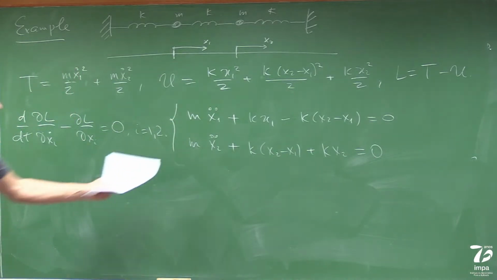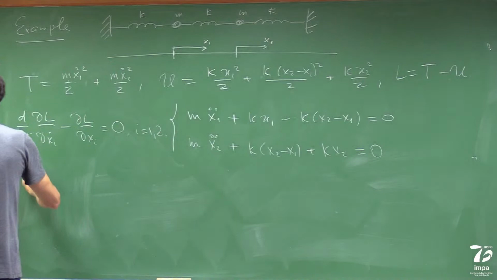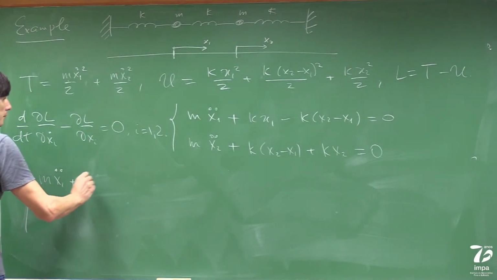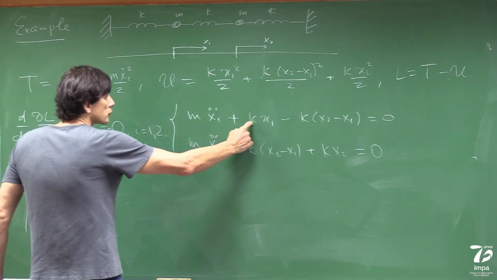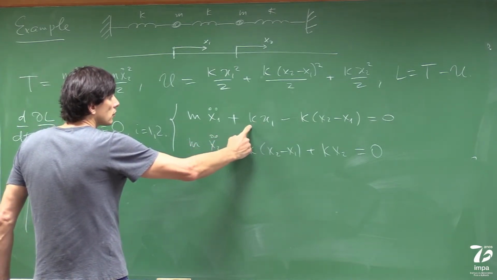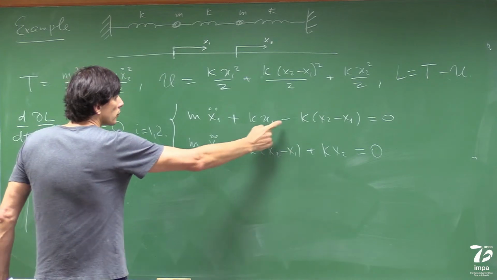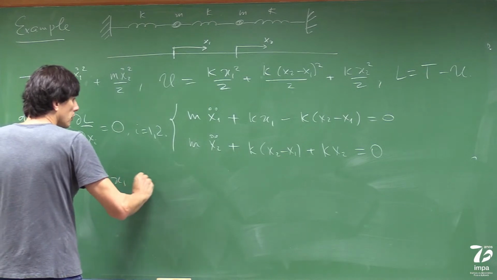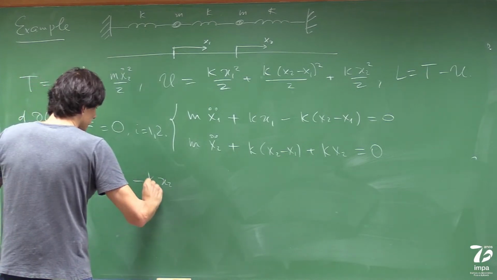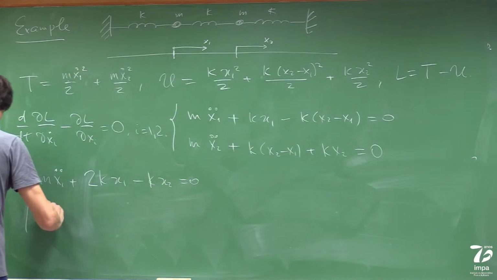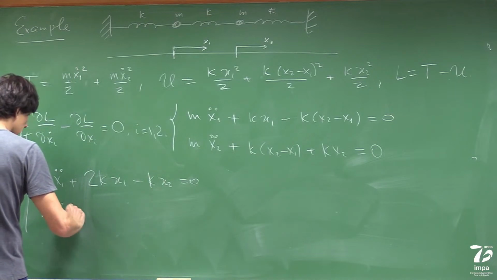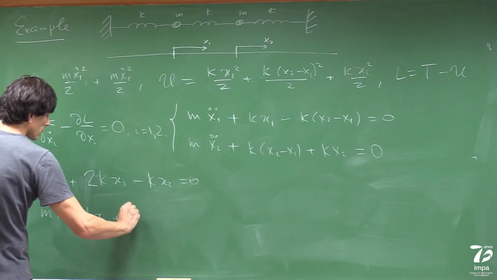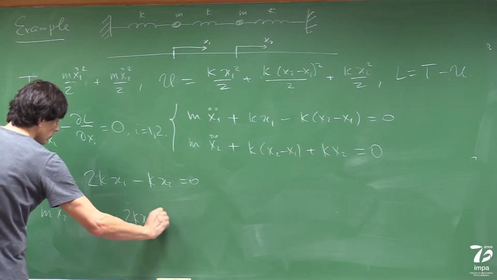So now you can simplify this a little bit. It will become 2k x1 minus k x2 equals zero.